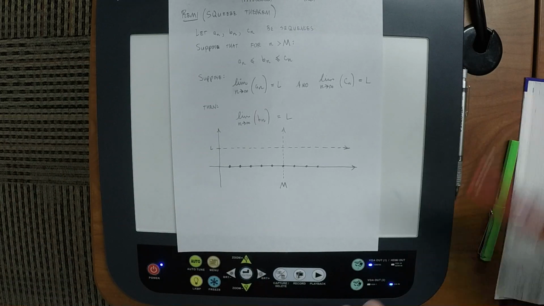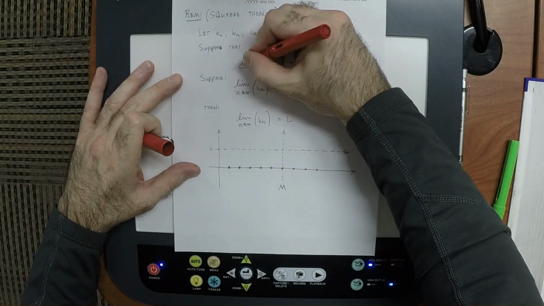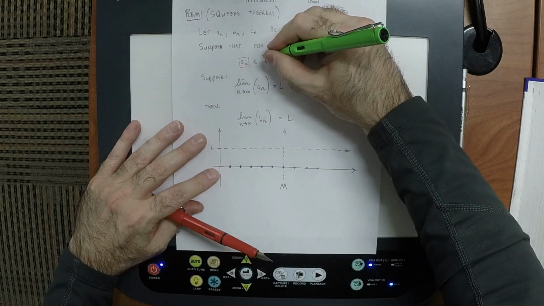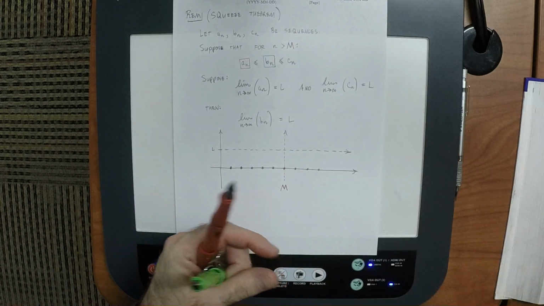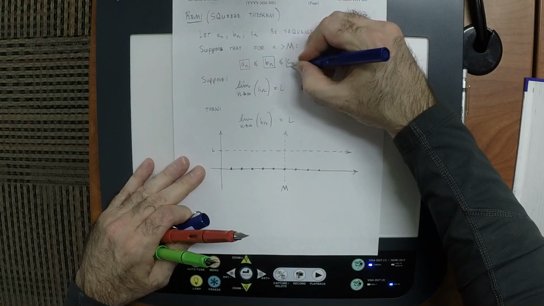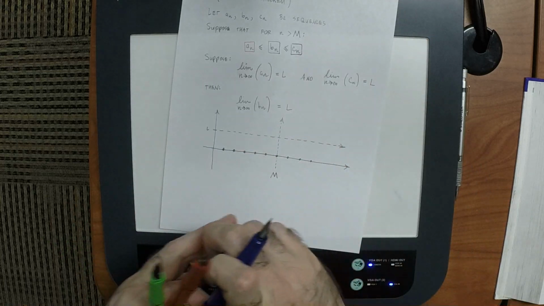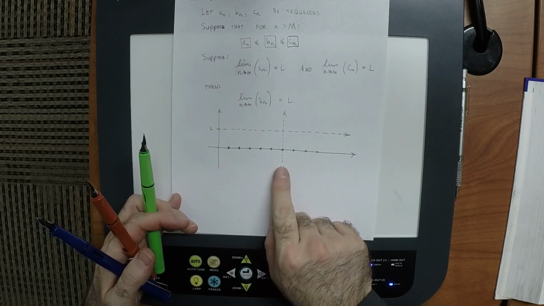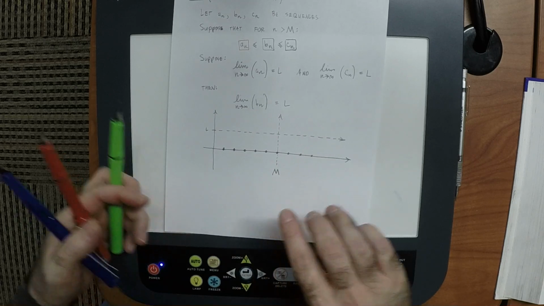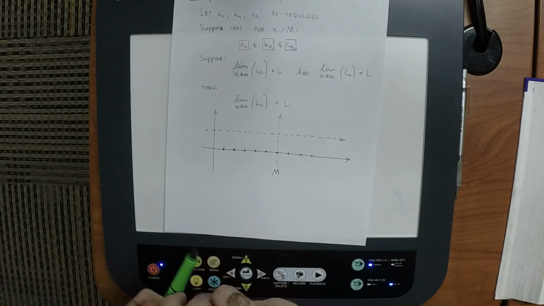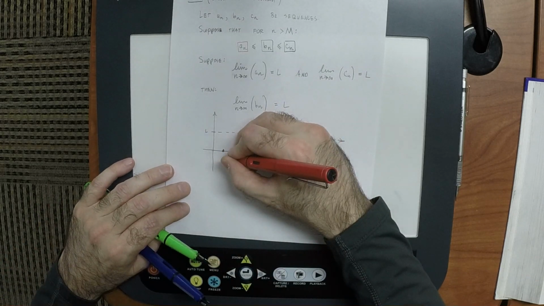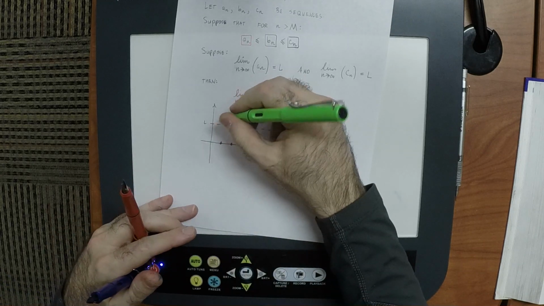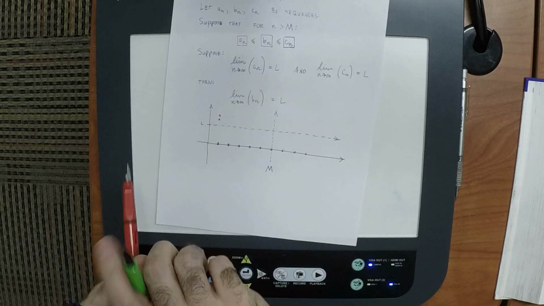I'll color these in red, green, and blue. So what this is saying is that up to M, the points can be in any order. So maybe red is way high for that input, and then green is just below it, and then blue is way down here.